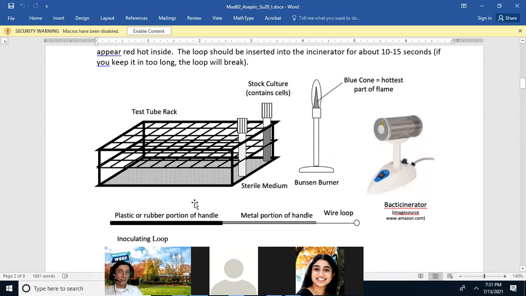It's called the loop because it's got a plastic or rubber handle, a metal portion of the handle, then a wire portion, and then a loop at the end for holding onto many different cells. What we do is heat this wire portion by putting it in a flame or in the Bacti-incinerator. We do not put the metal portion or the plastic or rubber portion in the heat, because that can't be heated, otherwise you can't hold on to it.